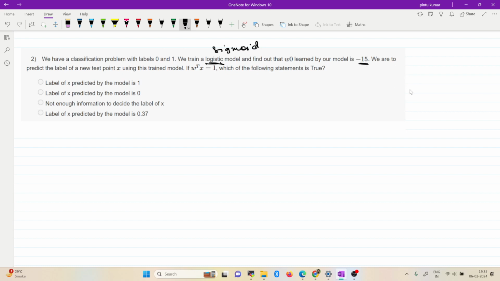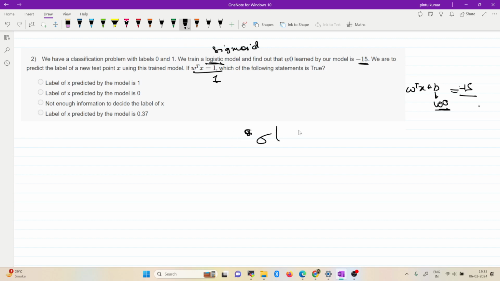So we had W transpose x plus b, and here they are using W naught for b, which they have learned to be minus 15. We have to predict the label for a new test point x, and for that W transpose x is 1. Which of the following is true? So this is a logistic model.